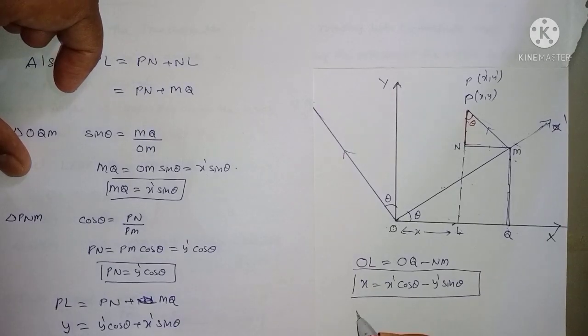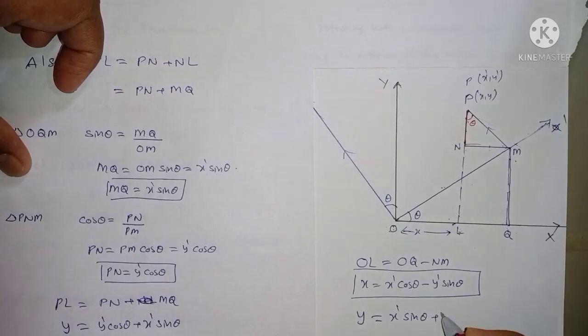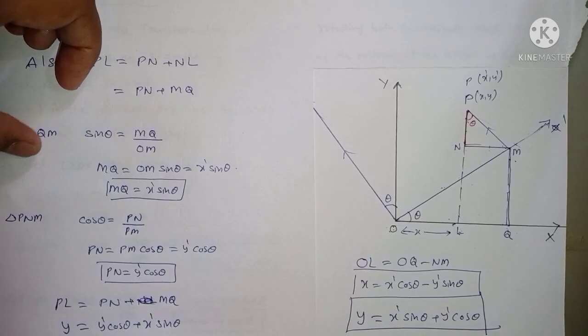Therefore y is equal to x dash sin theta plus y dash cos theta. This is the change of the axis.